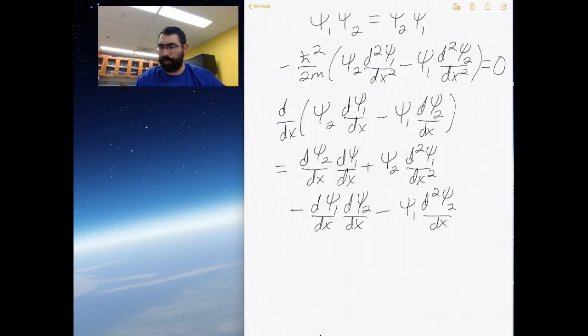So you'll notice that these first order derivatives cancel each other out, and what we're left with is just the thing in the parentheses from the Schrodinger equation.